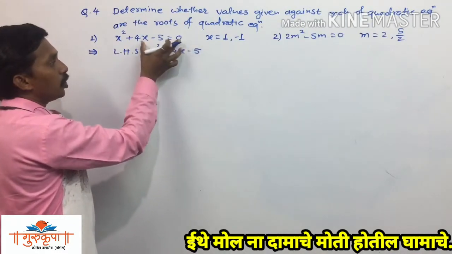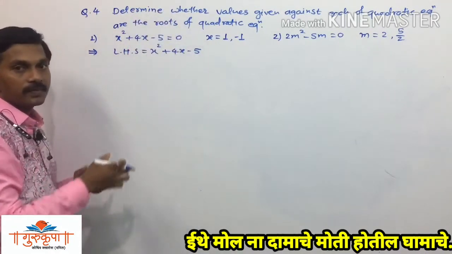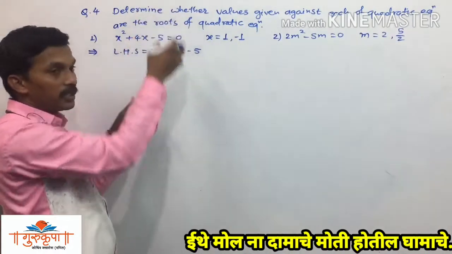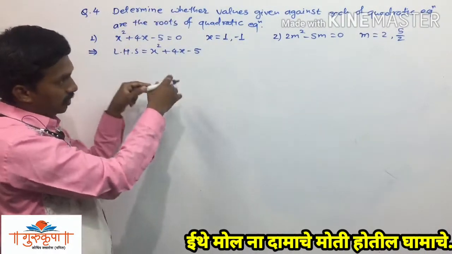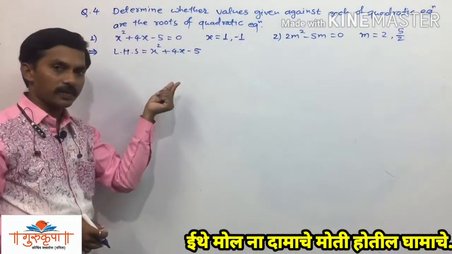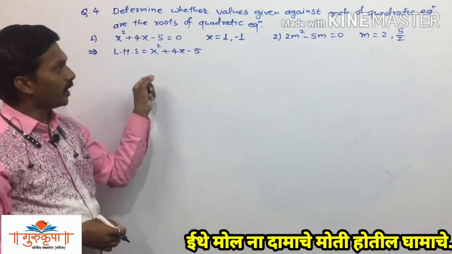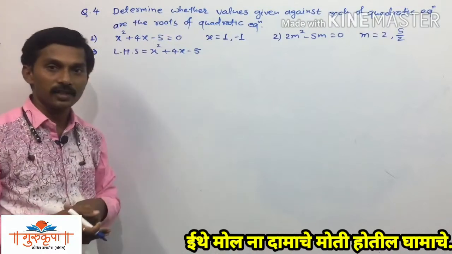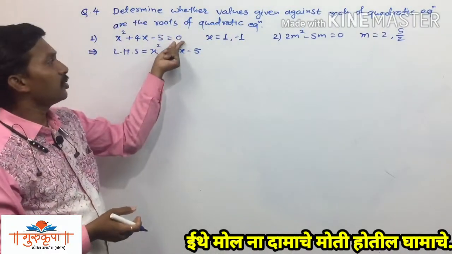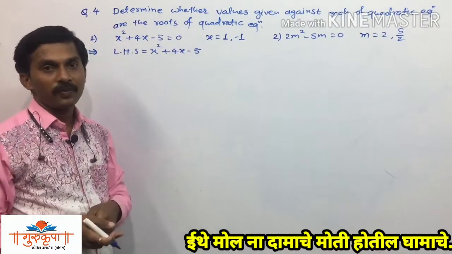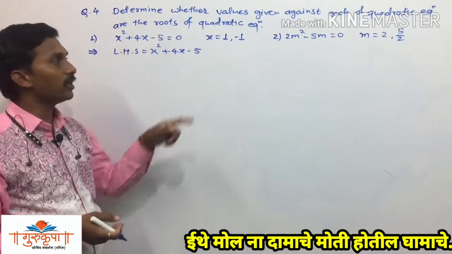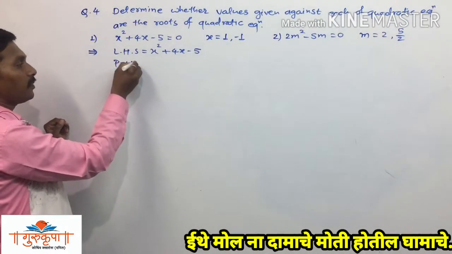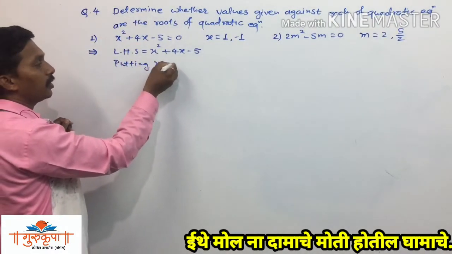You cannot solve both sides equally, because then you are already saying that these two sides are equal and then explaining. That is bad manners. We have to check whether LHS and RHS are equal. RHS is already 0, no need to simplify it. We have to simplify only LHS, putting x is equal to 1.